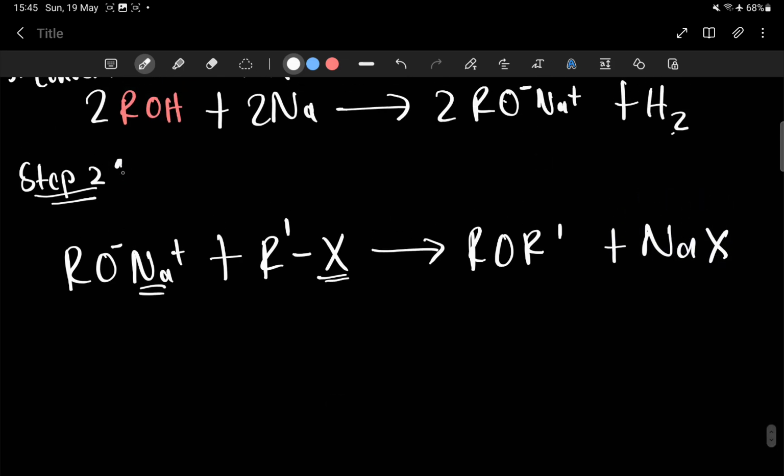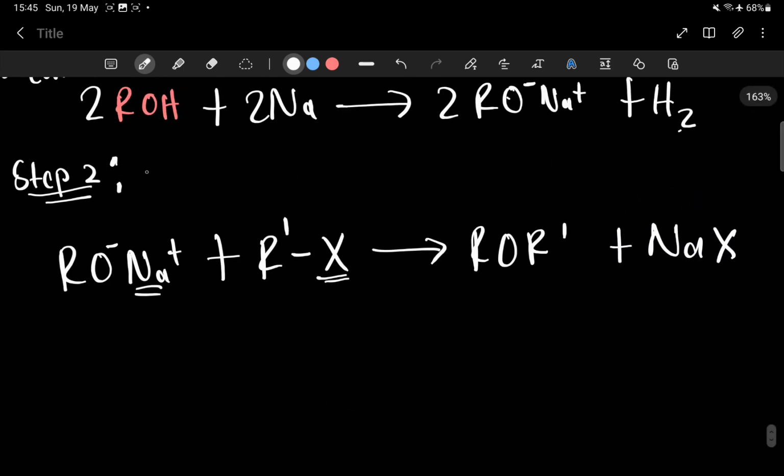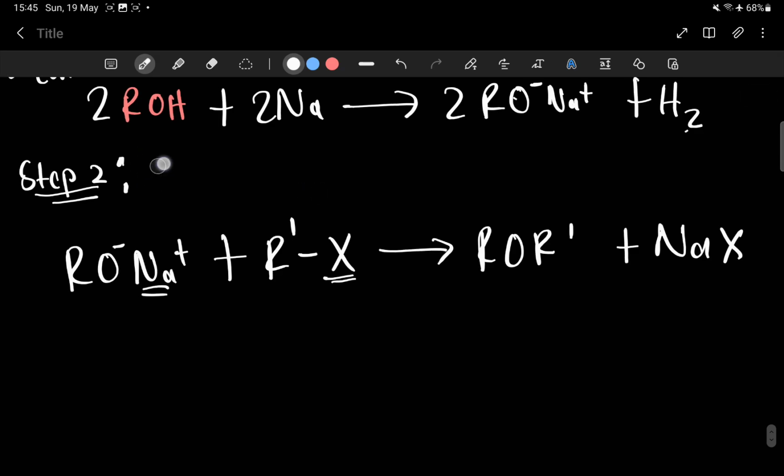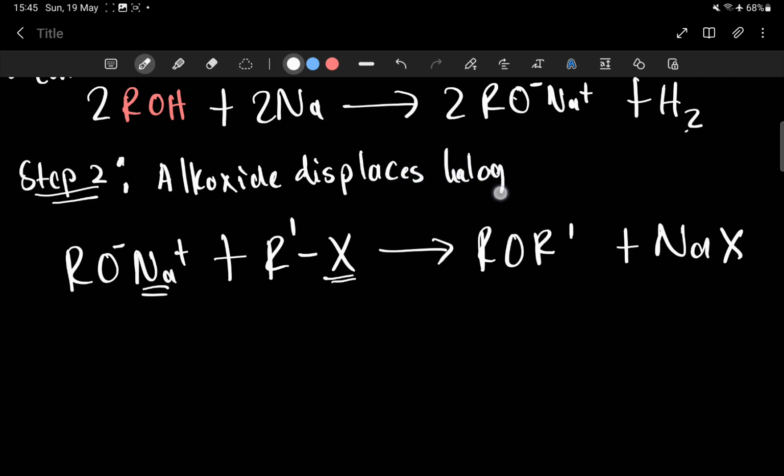So here we said in step 2, what happens is the reaction between, let's say, alkoxide displaces halogen in alkyl halide or haloalkane.